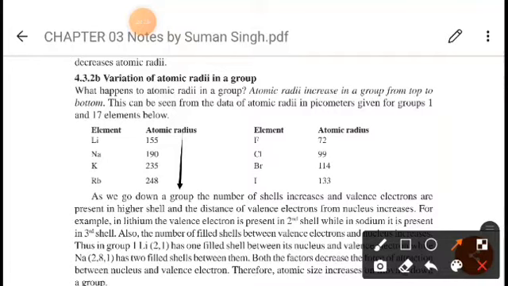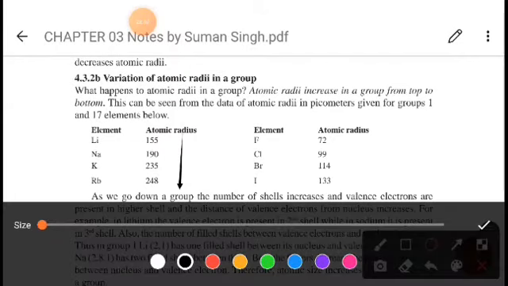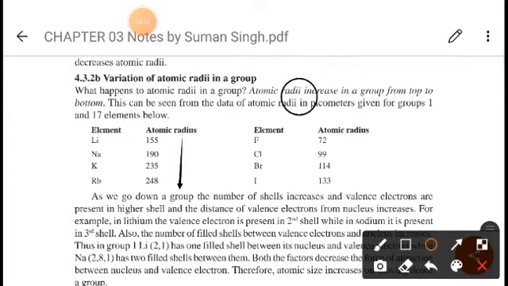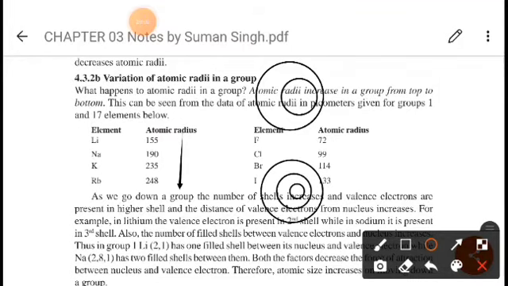But at the same time, the number of shells also increases. If the first shell has 2, then in the next shell it will become 3. Going down the group, the number of shells will also increase, because the atomic number is increasing.